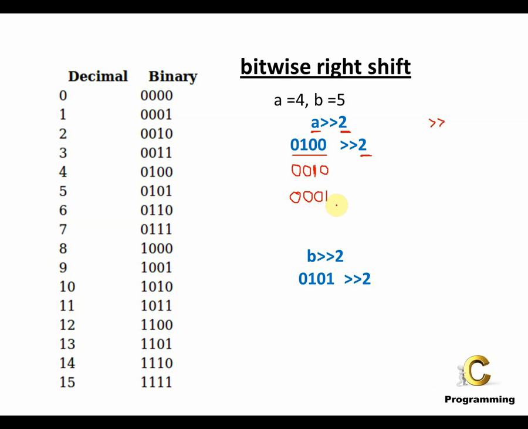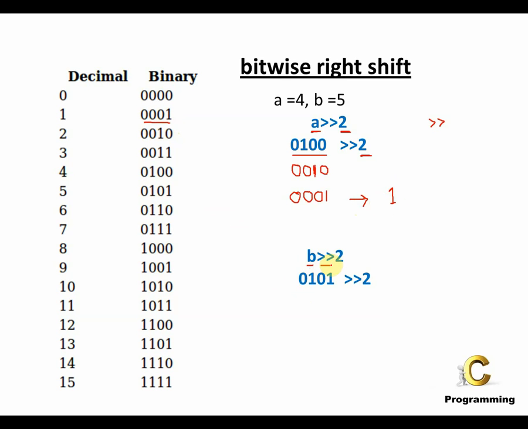After we shift it, we convert it into a decimal value. What is the decimal value for this? 1. You can see in the chart, this is the representation of 1. Let's do a bitwise right shift on the variable b. The operand is b, as you see over here.